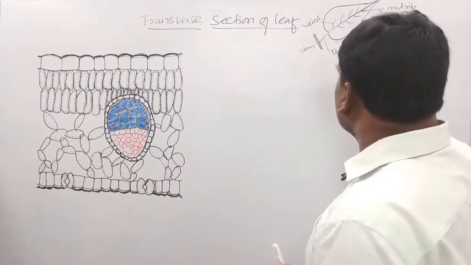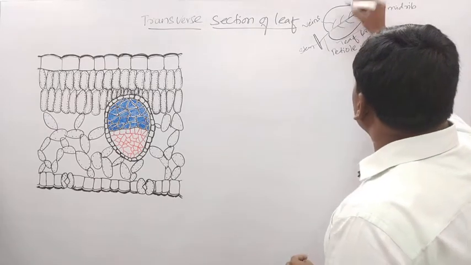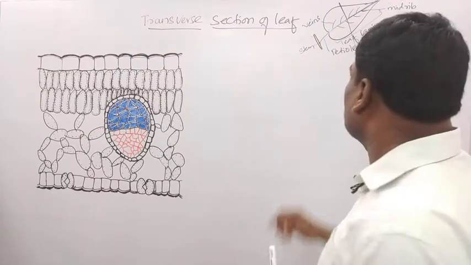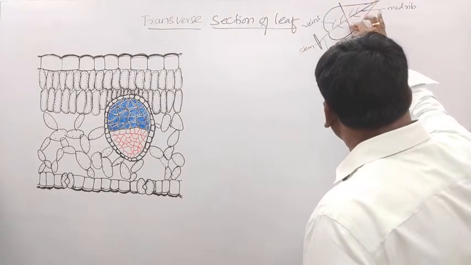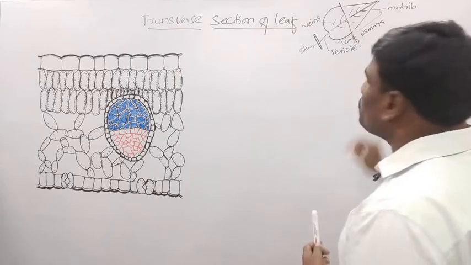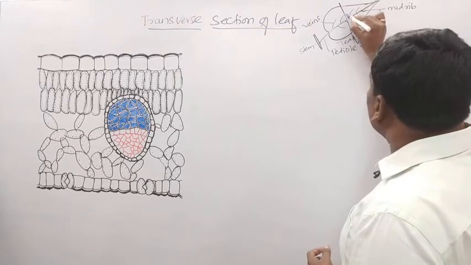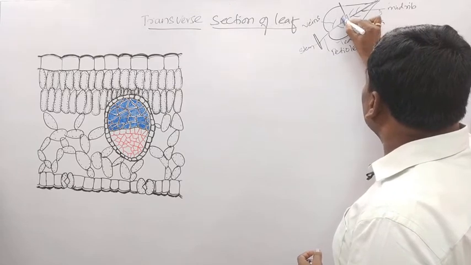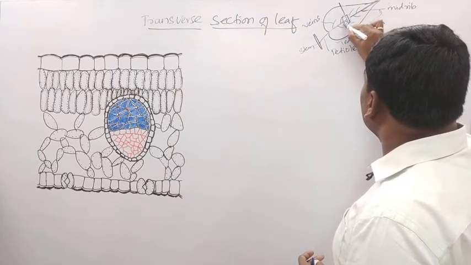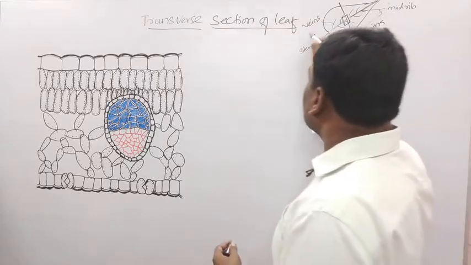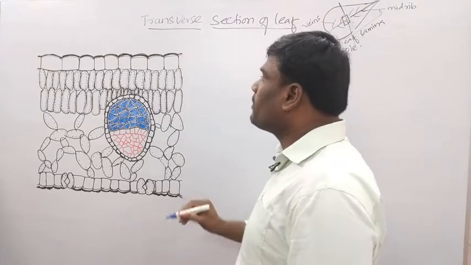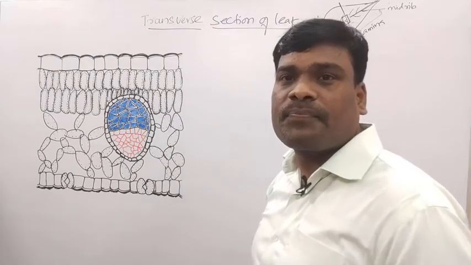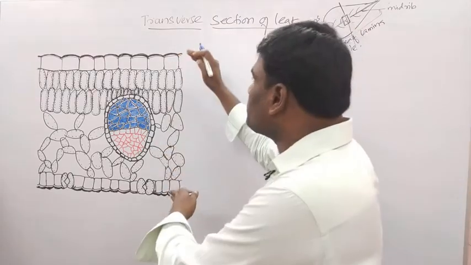Okay, so if you slice the leaf into two equal halves, and take a small piece of this leaf, make a slide and see it under the microscope, the leaf structure is observed like this.